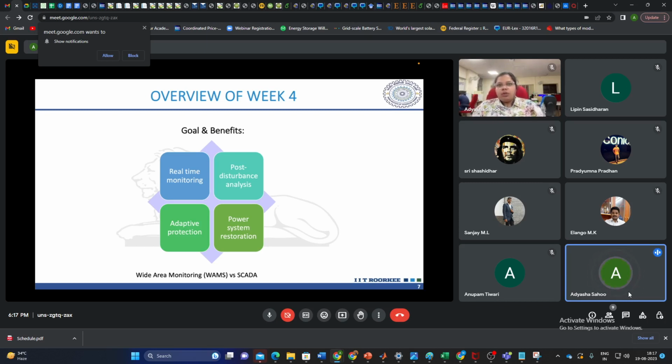Then adaptive protection. Obviously, if we have the data of the near real-time system, we can take better control actions to avoid those situations. Hence, we have adaptive protection. Then lastly, power system restoration.